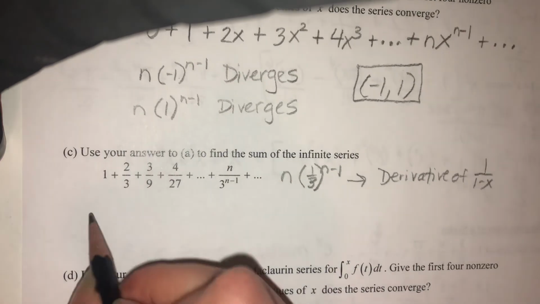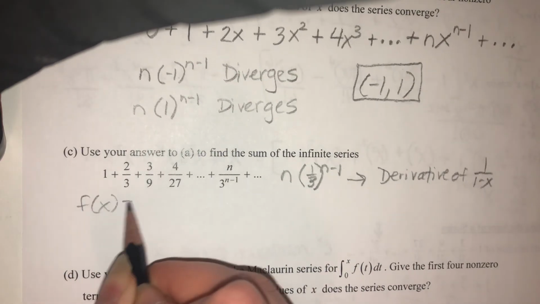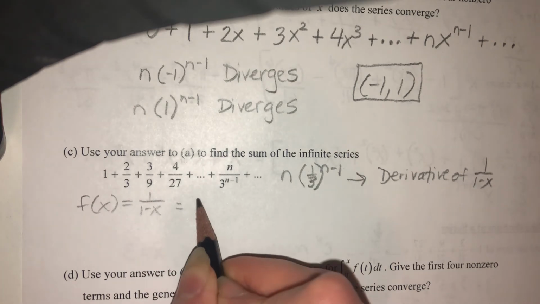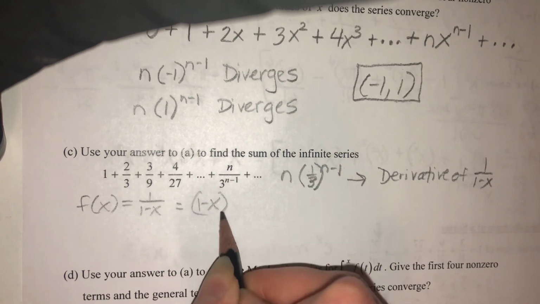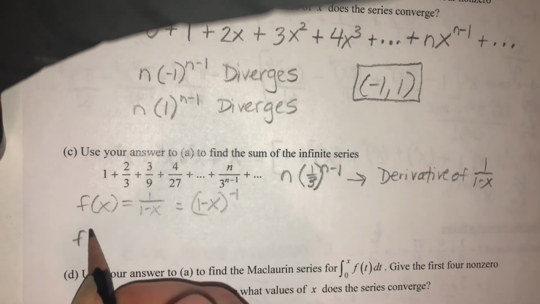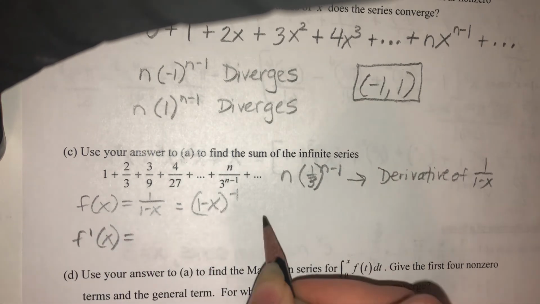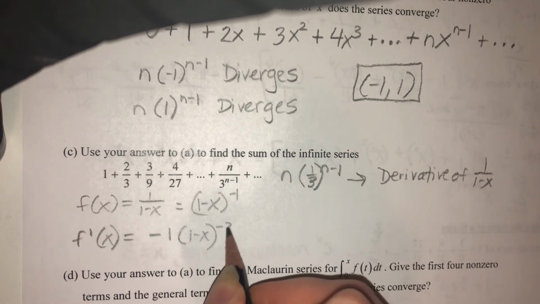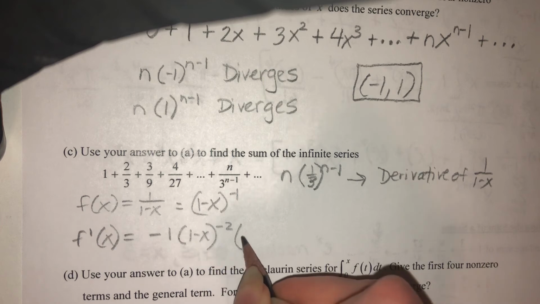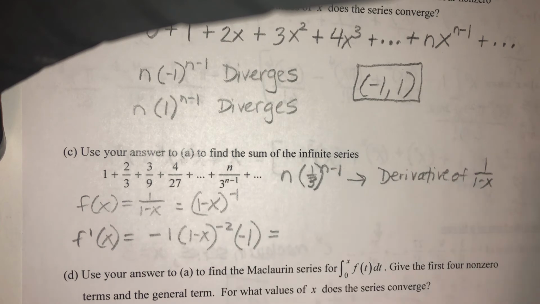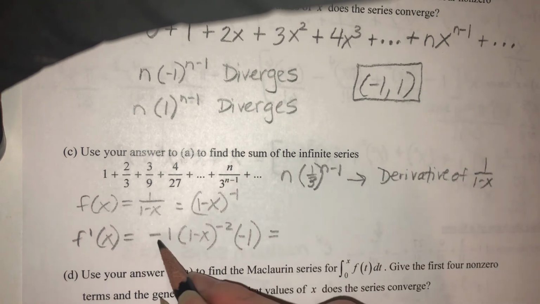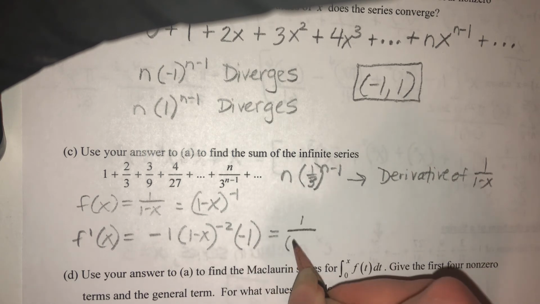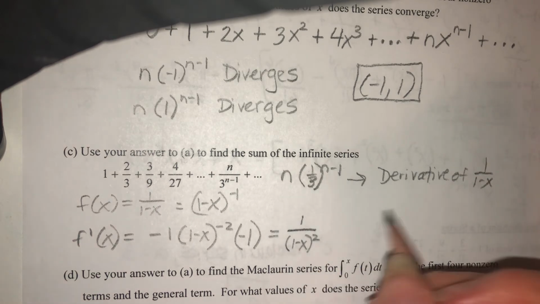So if f of x is equal to 1 over 1 minus x, that's the same thing as saying 1 minus x to the negative first power. The derivative of that function is negative 1 times 1 minus x to the negative 2 times the derivative of the inside function, which is negative 1, which is equal to negative 1 times negative 1 makes positive 1 over 1 minus x quantity squared.